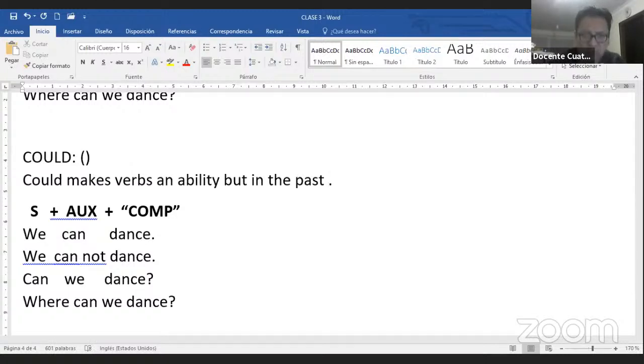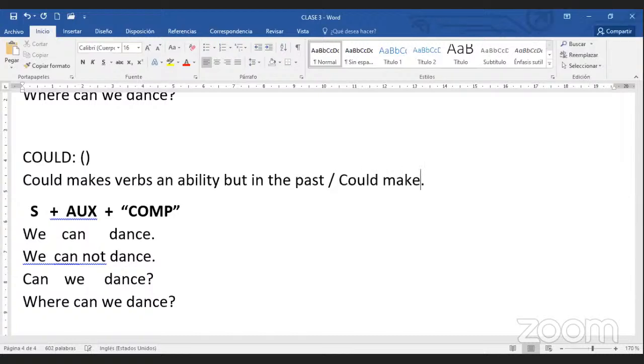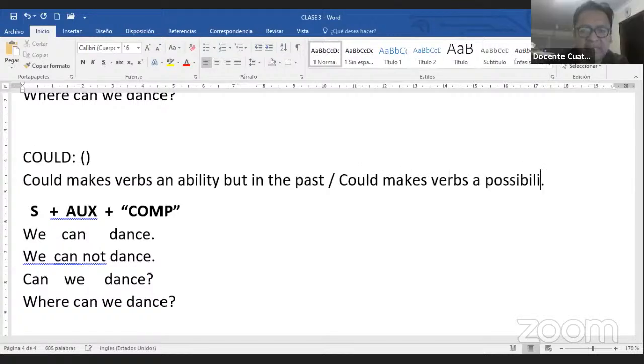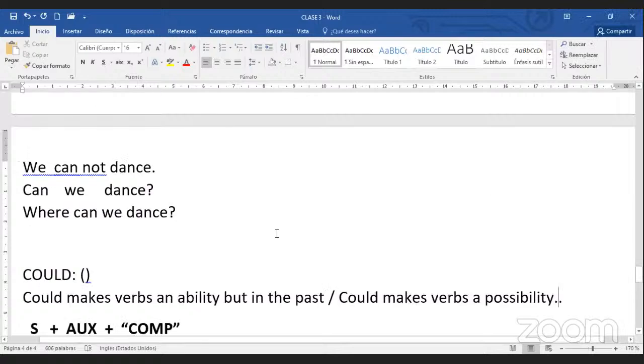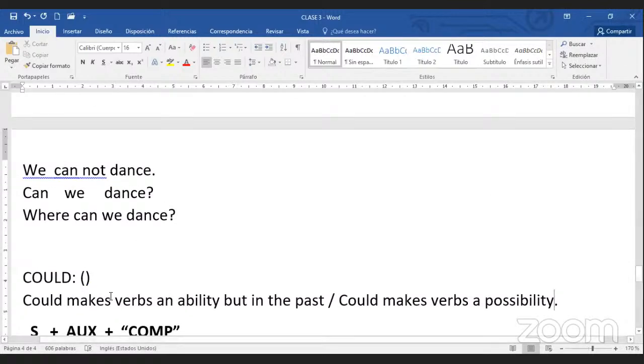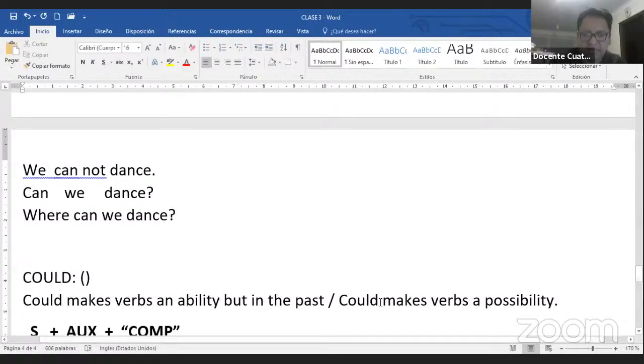One, could makes the verbs an ability, but in the past, and also could makes verbs a possibility. Okay?